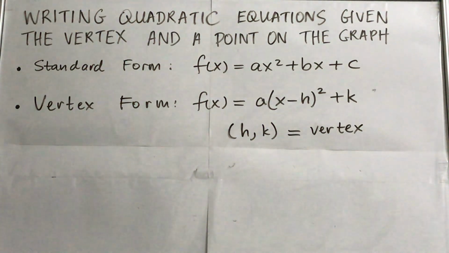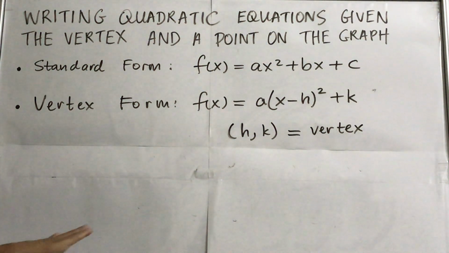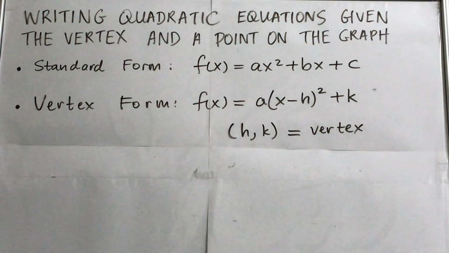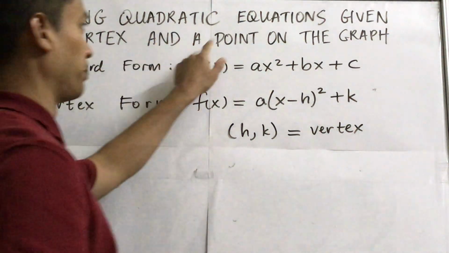Only the vertex is represented by h and k. Now, in today's lesson, we are going to write the quadratic equation or function given the vertex and a point.